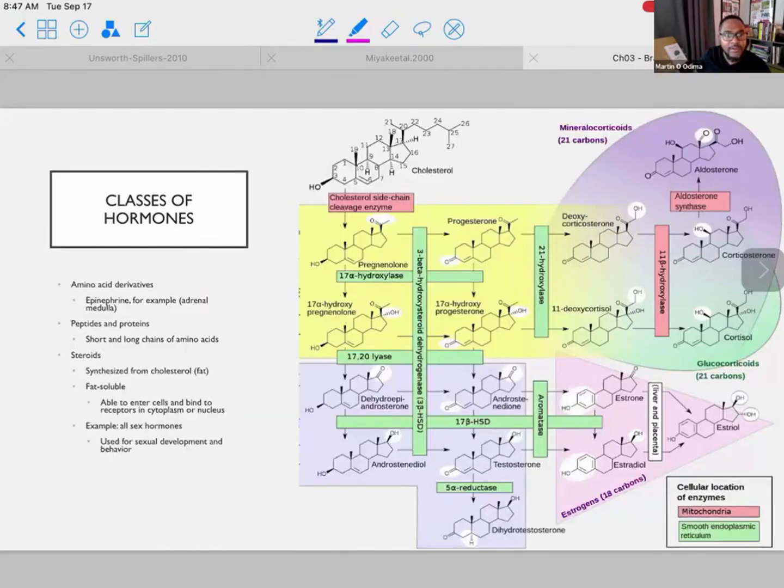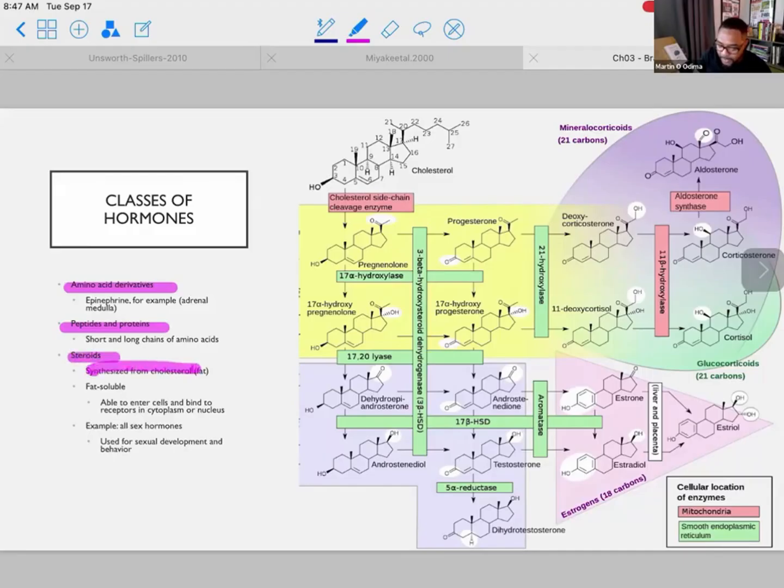So there's different classes of hormones. You won't need to know every single kind of hormone, but here are some to mention. Amino acids and derivatives, like epinephrine, for example, impact the adrenal medulla. Peptides and proteins have short and long chains of amino acids.